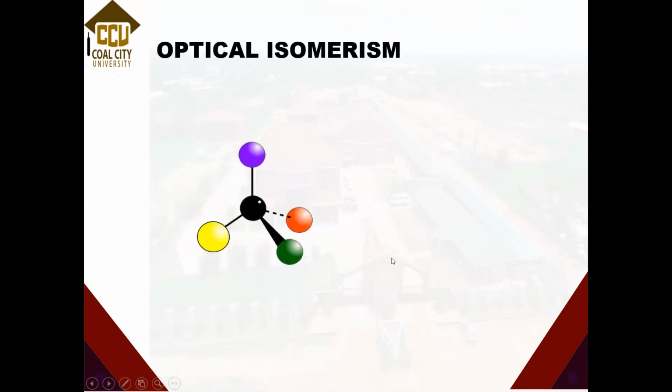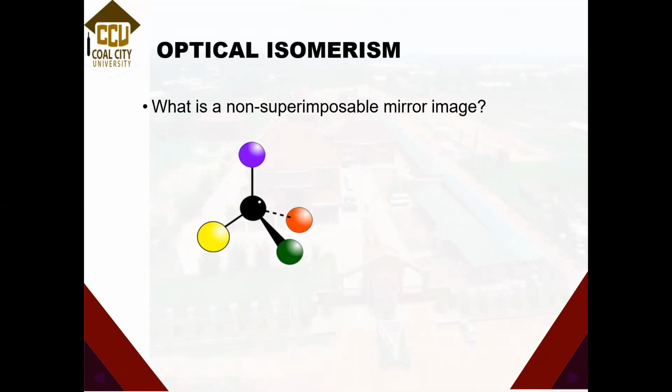Now, optical isomerism. Now, the question is, what is a non-superimposable mirror image? Like I said earlier, you can see now, this structure here is showing us a three-dimensional image of a molecule. It is not a plain image. It's not just an image that is on paper. It's an image that is three-dimensional.